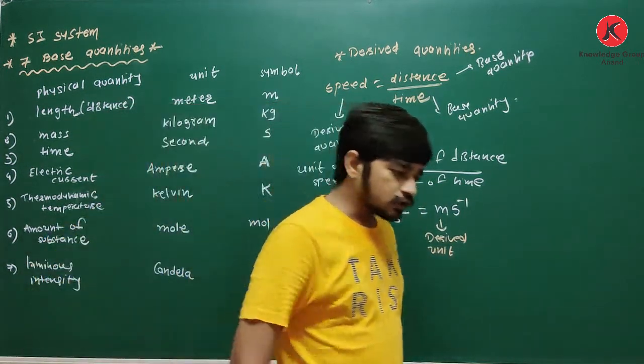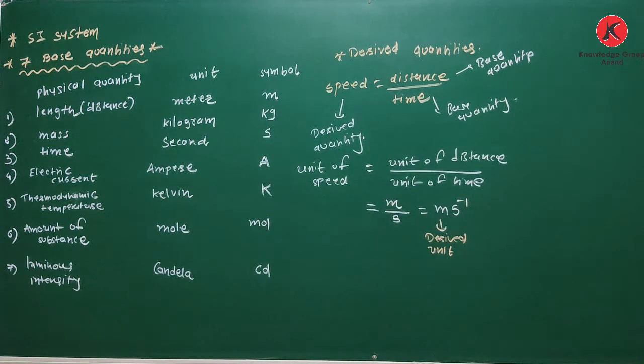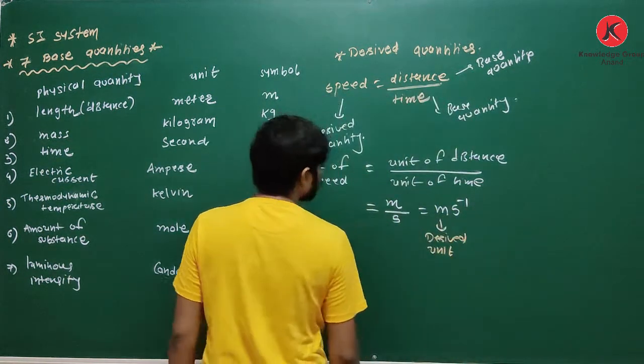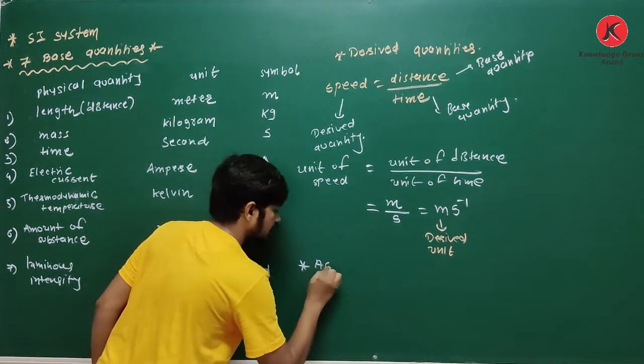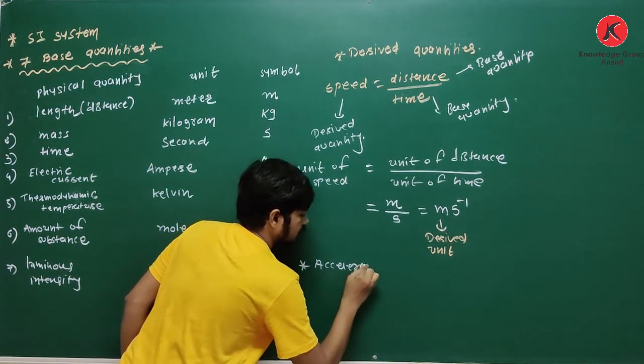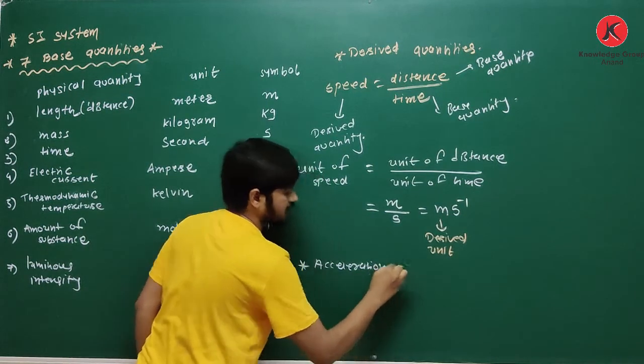So you have to remember the 7 base quantities, the fundamental quantities, and the meaning of derived quantity and derived unit. Okay, we will take another example. Acceleration.